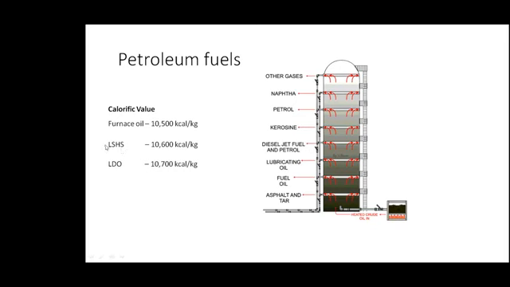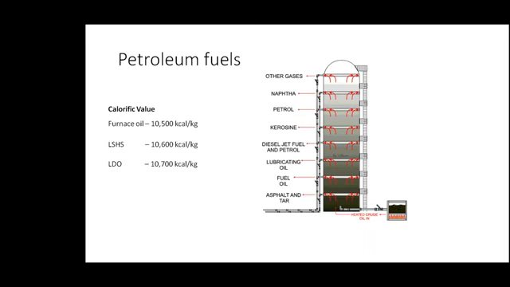If we have a crude with low sulfur content as the input here, we get LSHS in this part. If we provide a high sulfur crude here, we get furnace oil. Furnace oil will have about 4 to 5% sulfur. LSHS will have less than 2%.